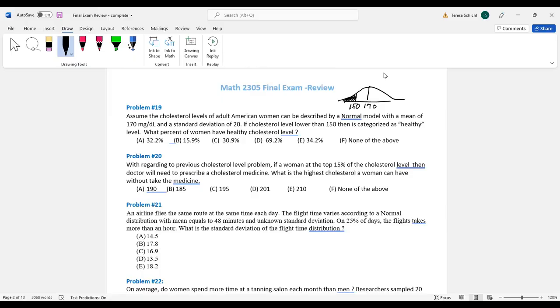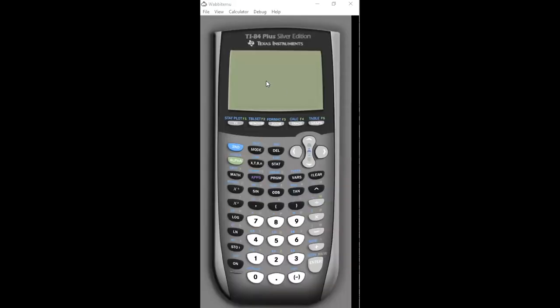Let's go to our calculator and let's see here. Clear that out. Press second, then VARS, and you do the normalcdf. What is the lower bound here?